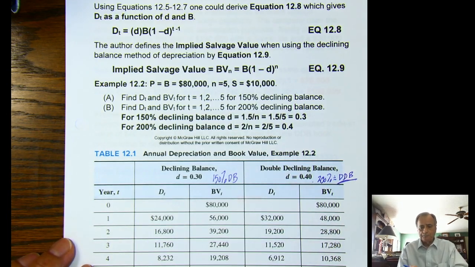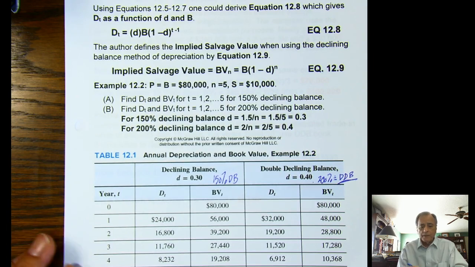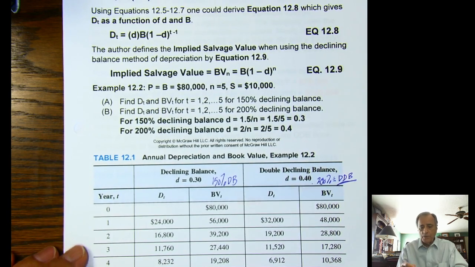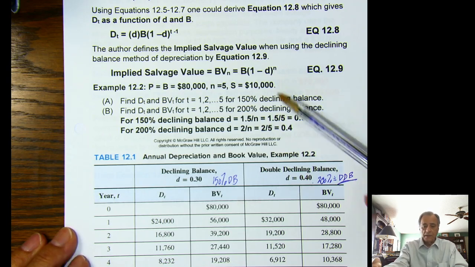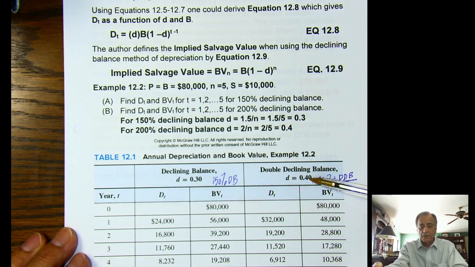And notice that at the end of period 5, using this method, you may or may not get down to this estimated salvage value. In the double declining balance method, you do when little d is 40%, but in this method, you don't.